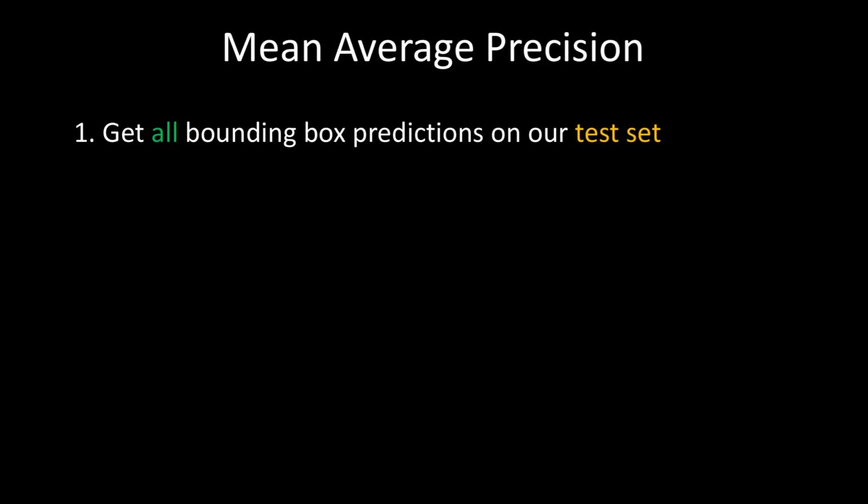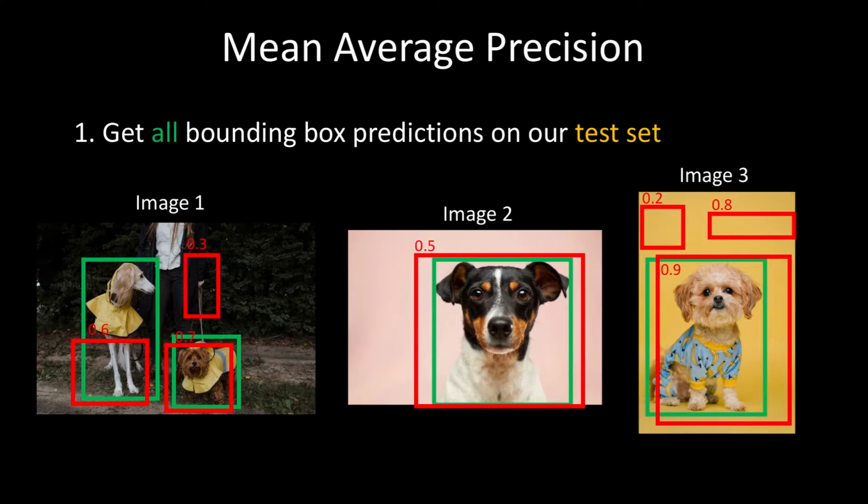So the first step in mean average precision is to get all of the bounding box predictions on our test set. So let's say our test set just includes 3 images, and in this case, the green ones are the target bounding boxes, and the red ones are the predicted bounding boxes that are outputted from our model.